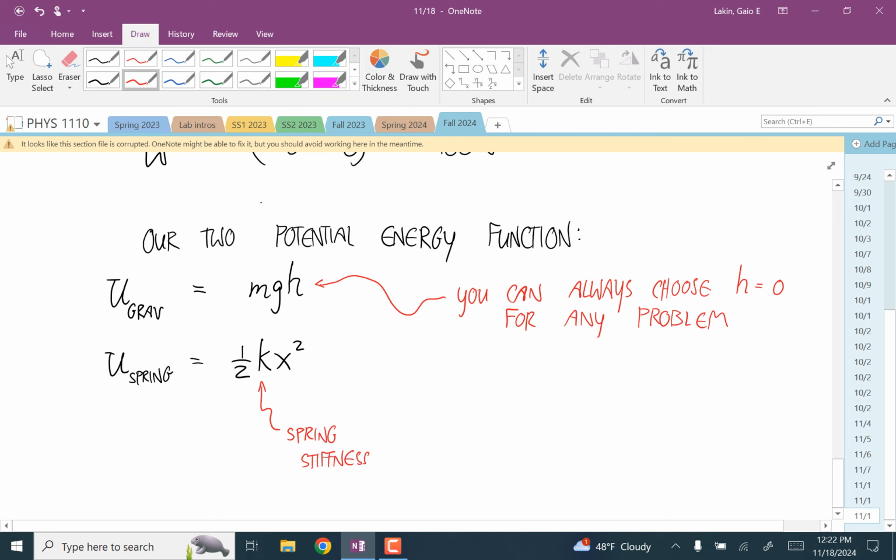So if you have a spring that's really hard to stretch, this k value is high. If you have a spring that's really easy to stretch, that k value is low. And x is the distance the spring is deformed from its resting length.